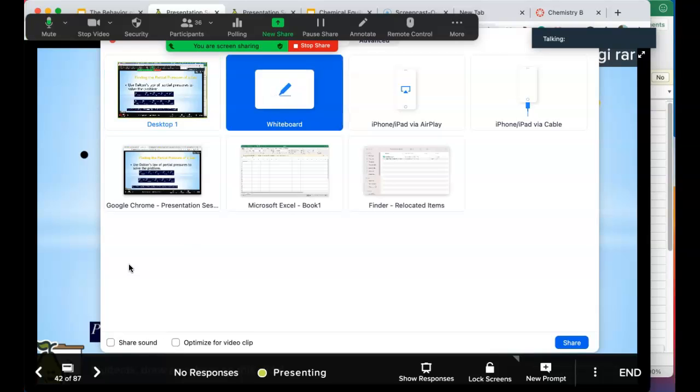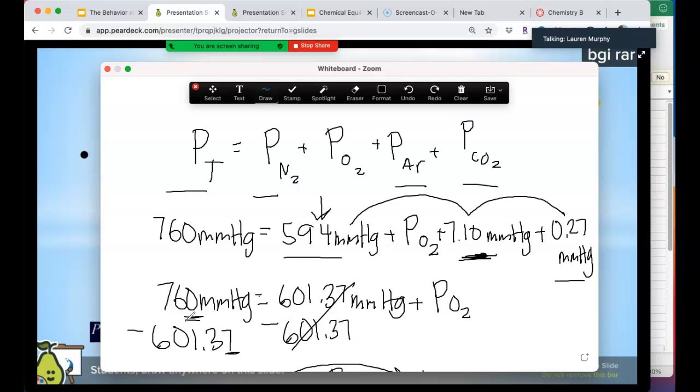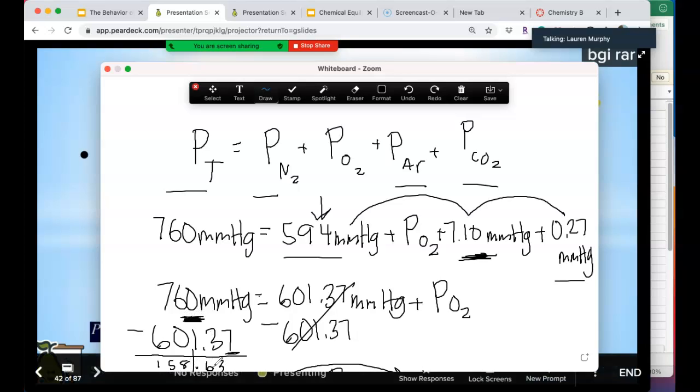So this goes to the ones place, this goes to the hundredths place, so you can only go to the ones place. So it's 158.63. And if we can only go to the ones place, that's right here. So 6 is high enough to round that up to a 9.